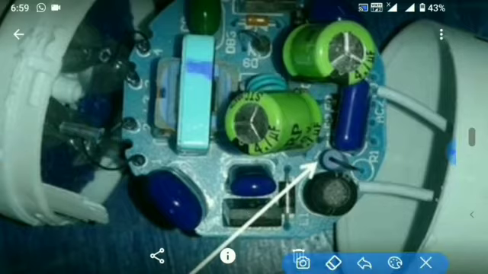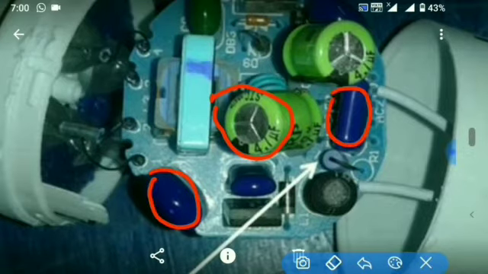You can see here there is a CFL bulb. Its interior part is shown here. You can see this green color is a capacitor used here. Even this blue color component is also a capacitor.